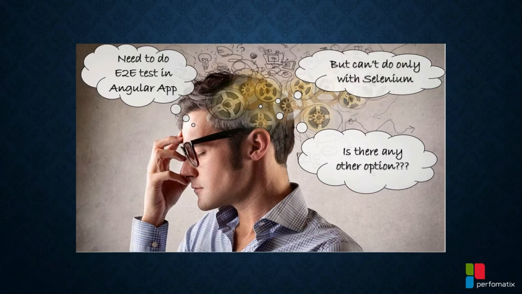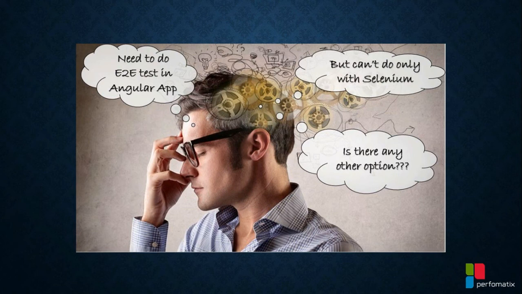Okay. So I need to test an Angular application. The very common automation tool we use for automating browsers for web applications is Selenium. It's a very familiar tool, and most QA people use it to automate their browsers.